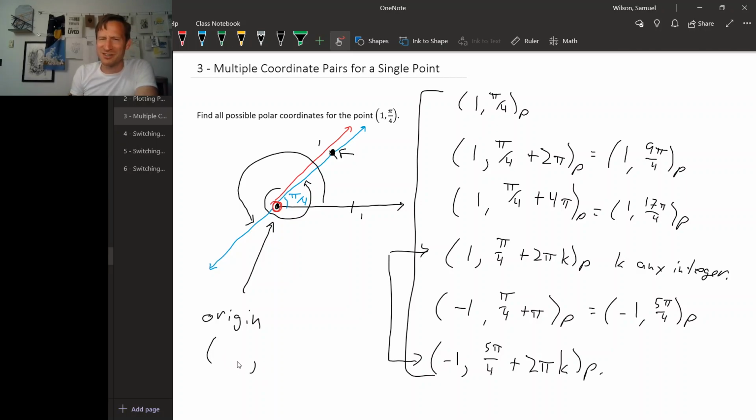As soon as r is non-zero, you're stepping away from the origin. So if you want to be at the origin, r has to be 0. But if you aren't stepping away from the origin, it doesn't really matter what direction the positive r direction is, and so theta can be anything. So the origin is actually 0, any angle. So you can see for every point in the plane, it has lots of different pairs of polar coordinates.